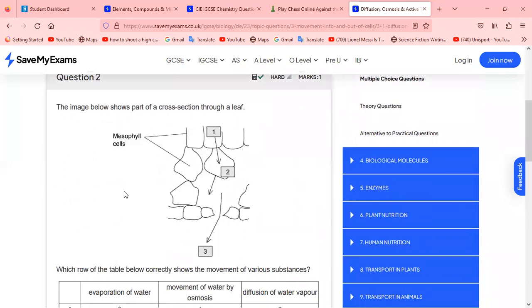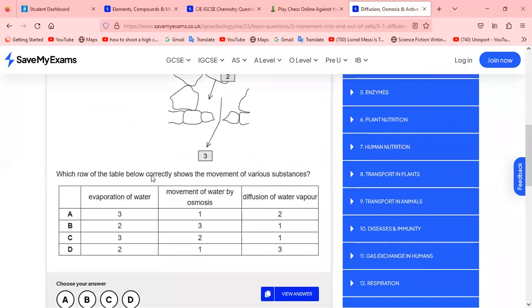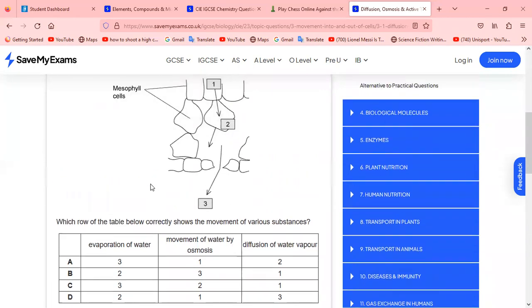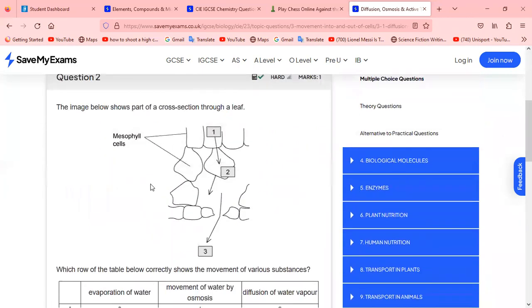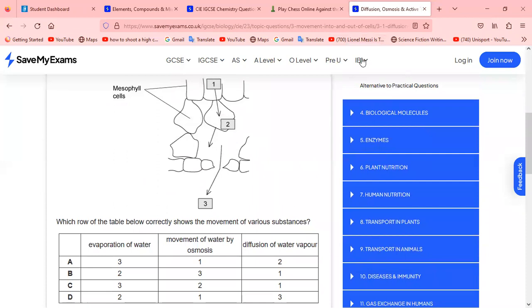The image below shows part of a cross-section of a leaf. Which row of the table below correctly shows the movements of various substances? Let's scroll up. From the three, isn't that the guard cell in the stomata? Diffusion of water vapor will be 3.